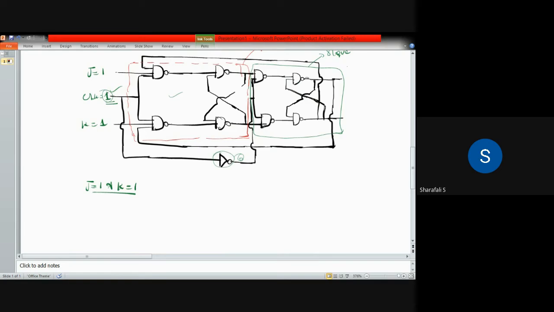Similarly, if your clock is 0, then this one will become 1, which means that your master is now inactive, because you are directly giving that clock to your master circuit. But because of this NOT gate here, your slave is active.